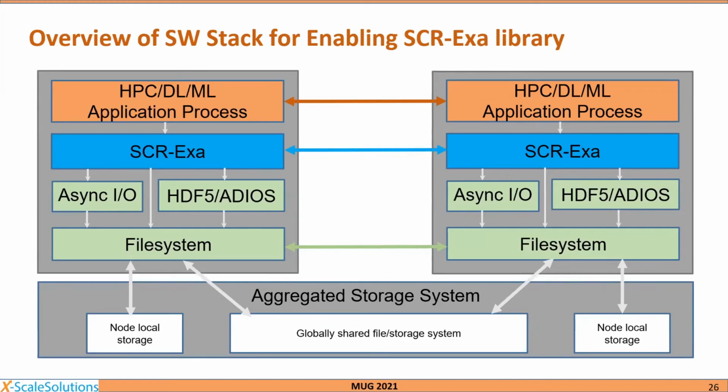You have the application at the top, then it uses SCR for checkpointing, and it involves your database software or other local IO, and it also interacts with IO asynchronously for performance reasons. As it turns out, this is one of the key things to deal with the future IO bottleneck, which exists today, but the future will be more critical.